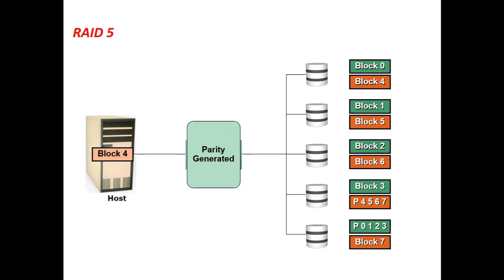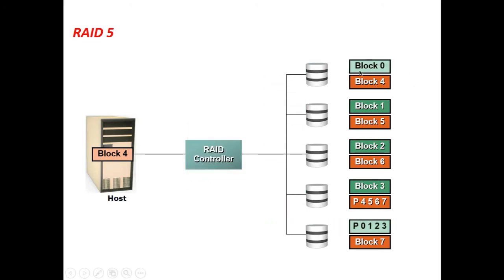So two write operations. This is the write penalty for RAID 5. Hence we can say the write penalty for RAID 5 is 4 because it involves two read operations and two write operations, 2 plus 2 equals 4.